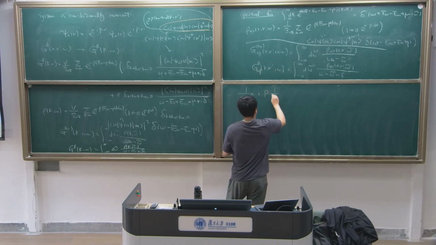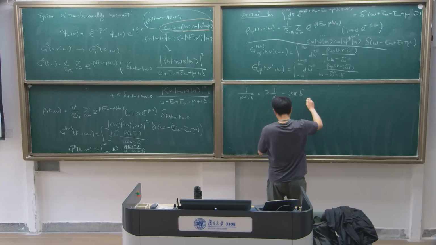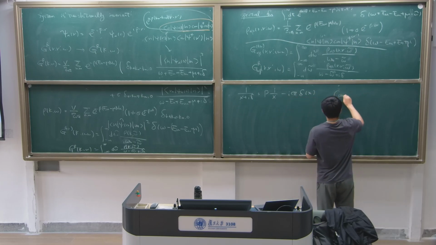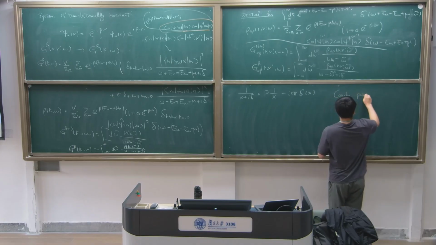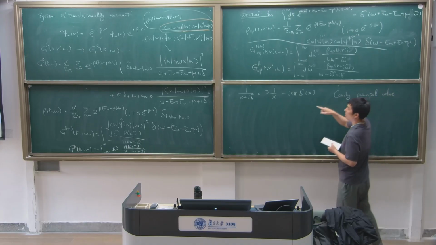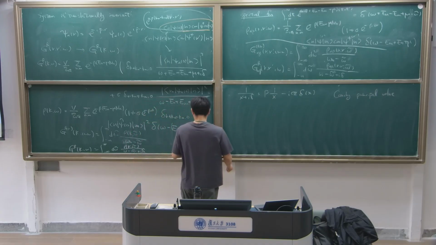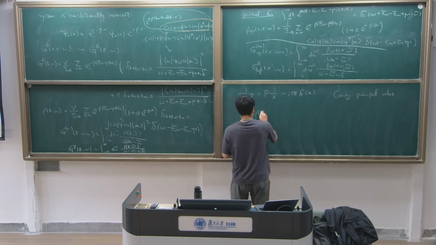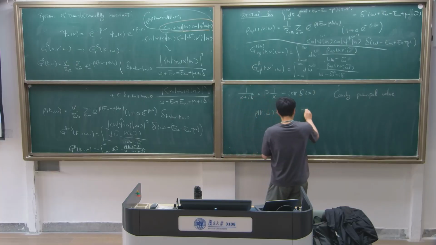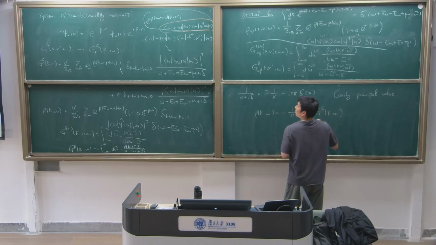The principal value identity: 1 over x minus i pi delta of x, where P is the principal value. We can use this identity to show that the spectral function rho k is the imaginary part of the Green function.